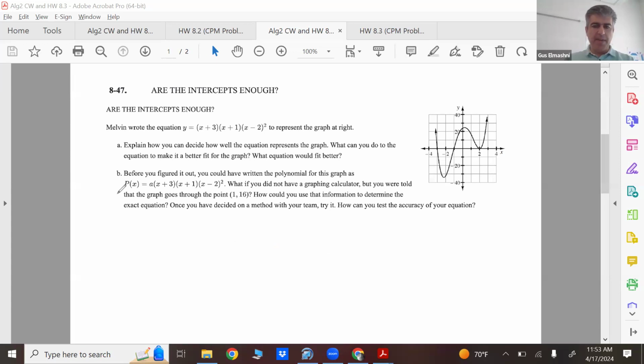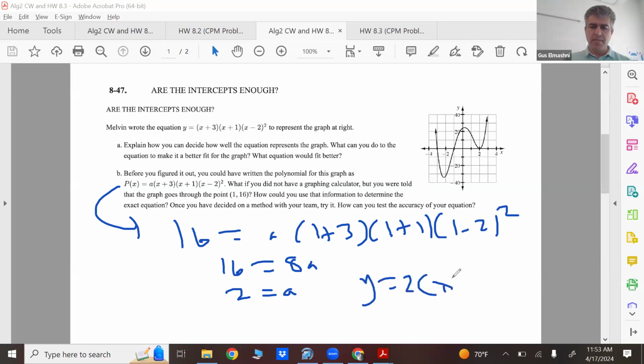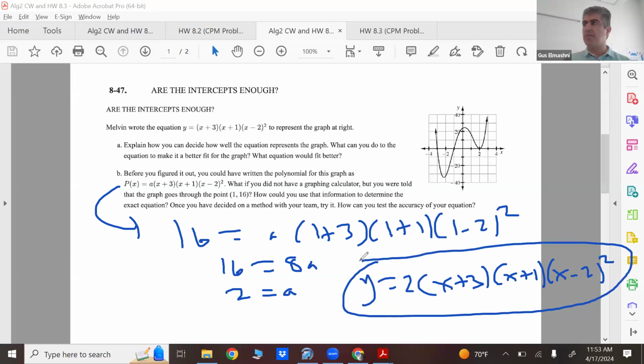You say 16 equals a(1 plus 3)(1 plus 1)(1 minus 2) squared, which should get us 6a, I think. No, 8a. So a is 2. Yeah, there you go. All's good.